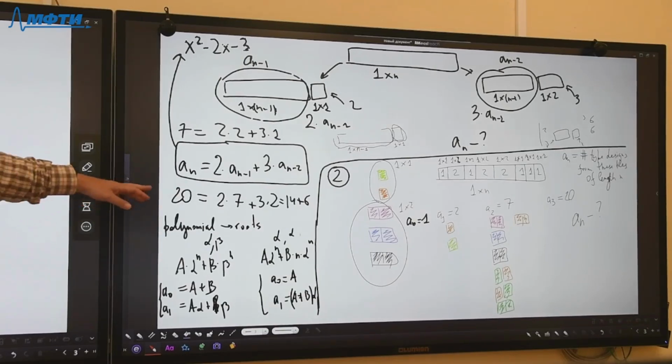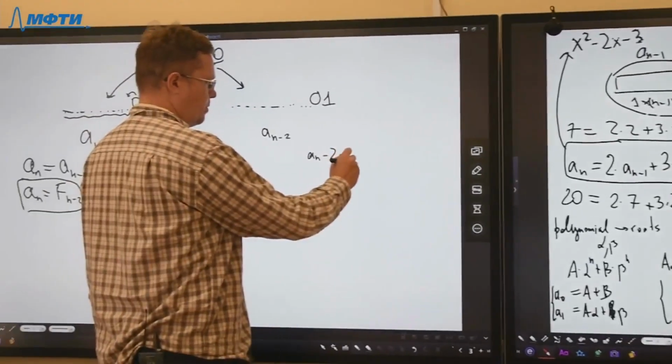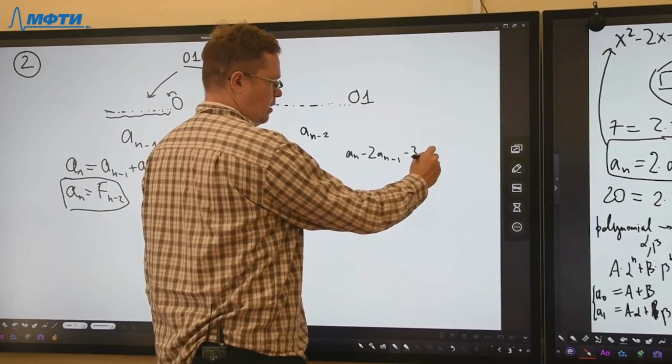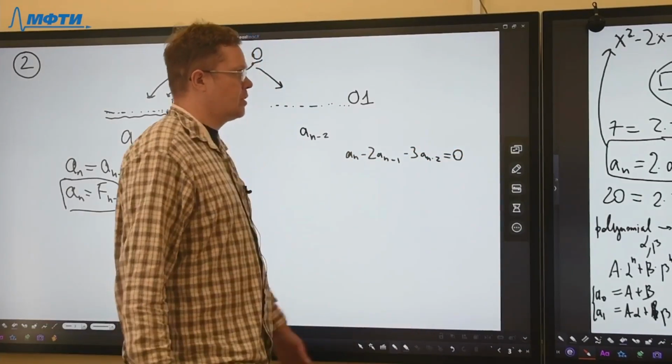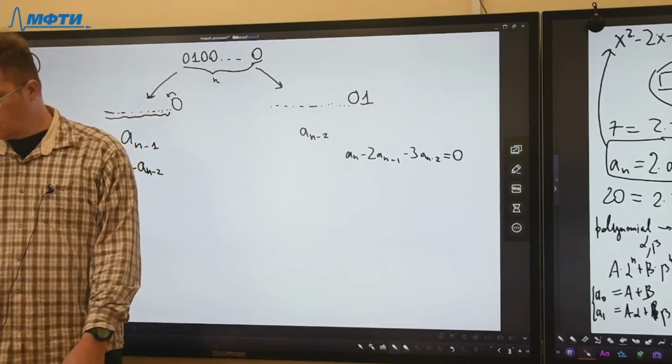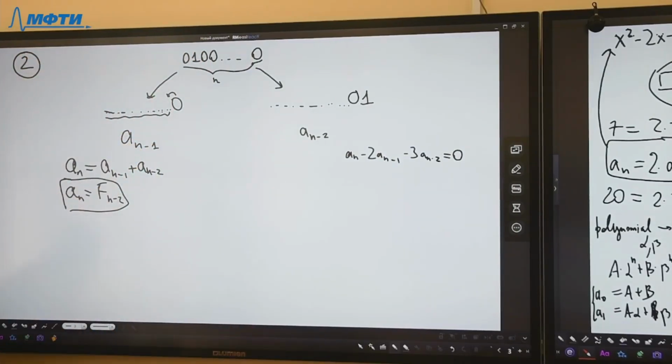If we move this whole equation to the left hand side, we'll have this identity, and from this we can write the polynomial of order 2.